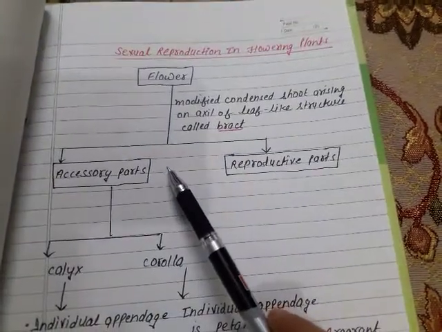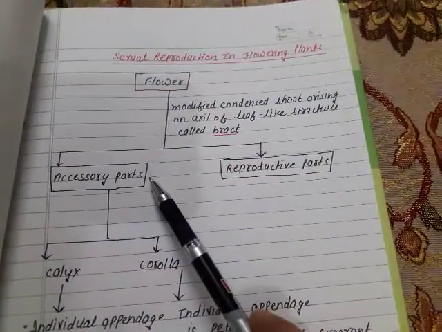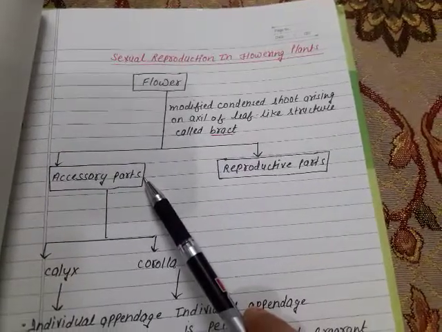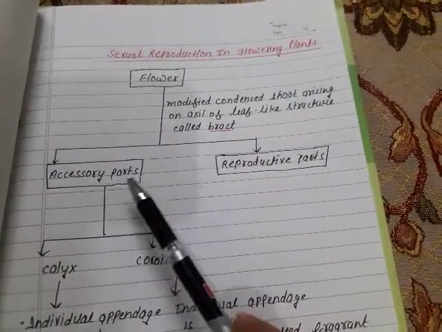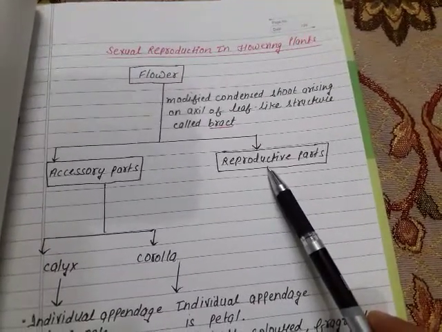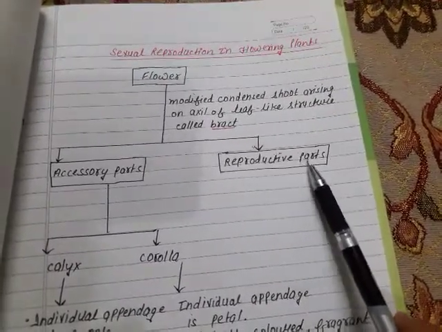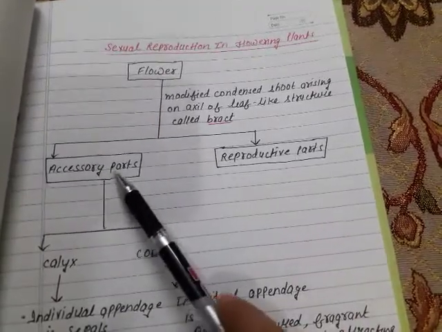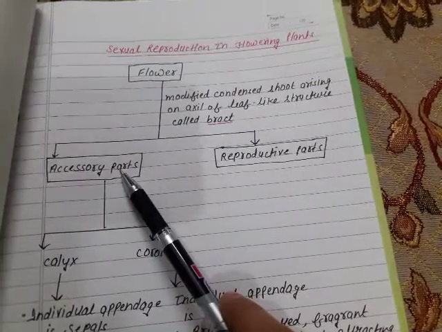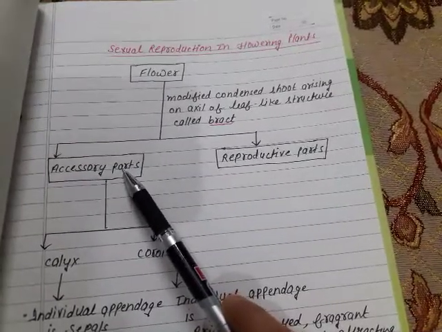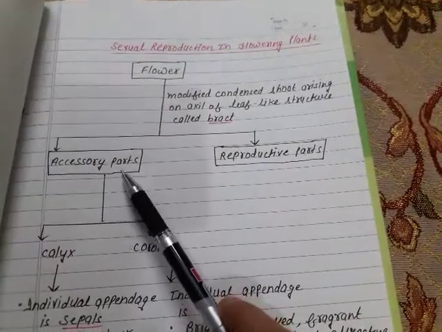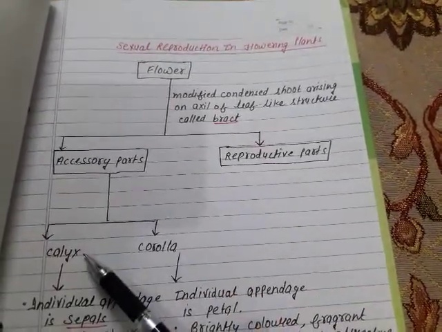A flower has four whorls or appendages. Two whorls are called accessory parts and two whorls are called reproductive parts. The accessory parts are also known as non-reproductive parts because they do not take part in sexual reproduction but they help in reproductive processes.